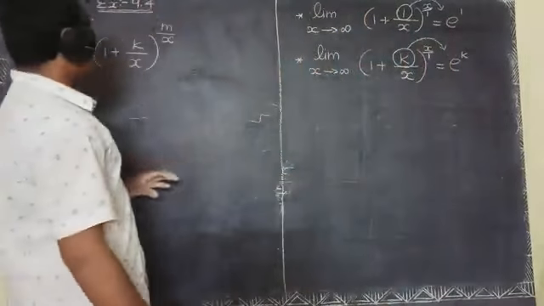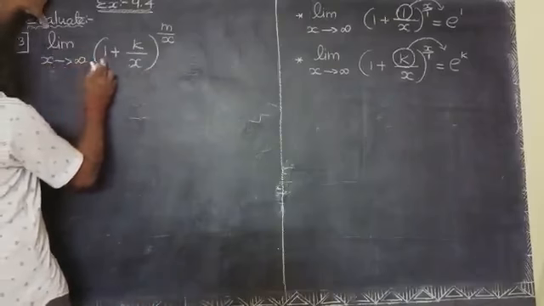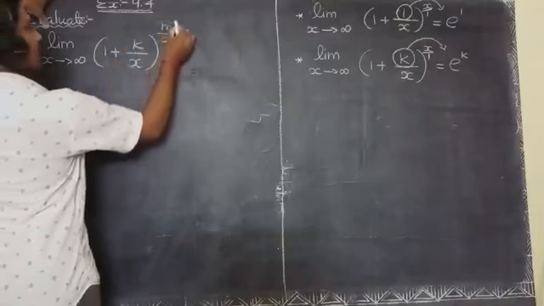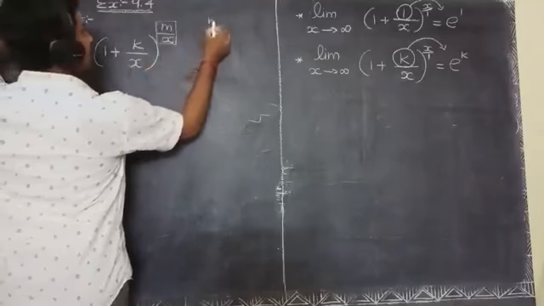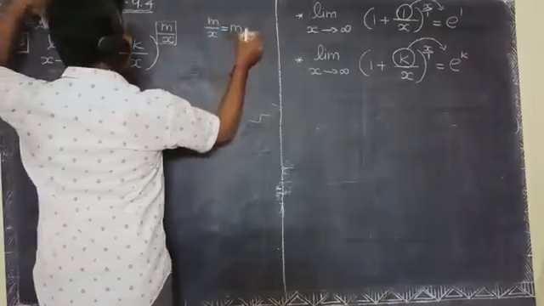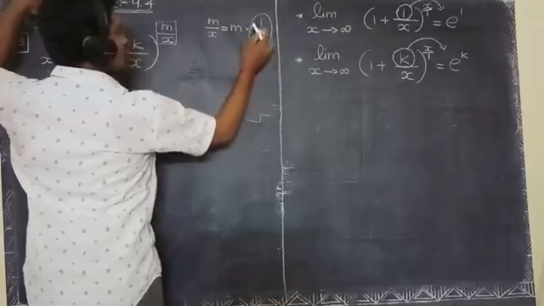But here, given 1 plus k divided by x whole power m by x, this can be written as m into 1 by x as the power.